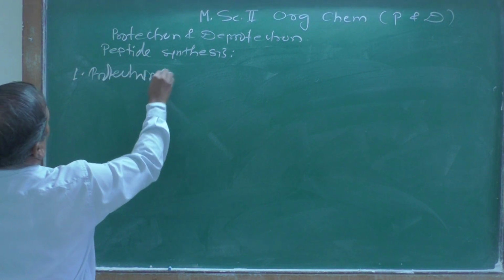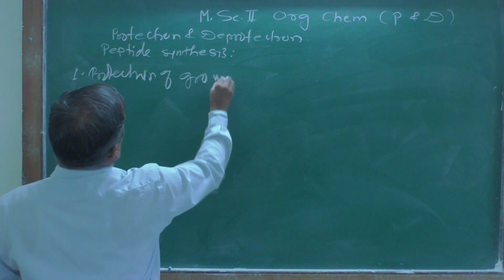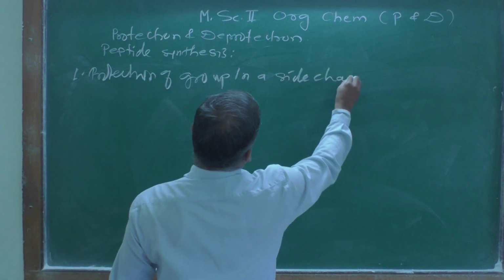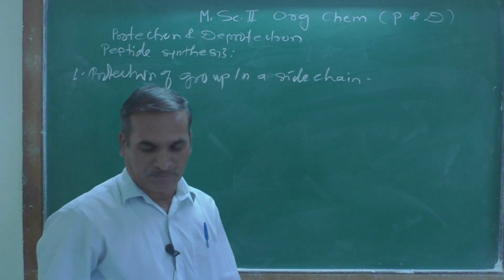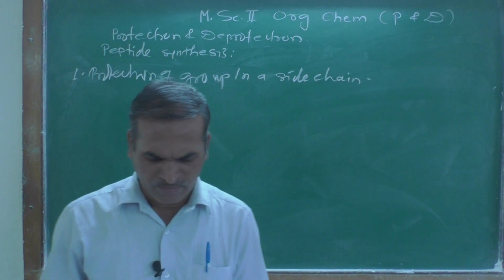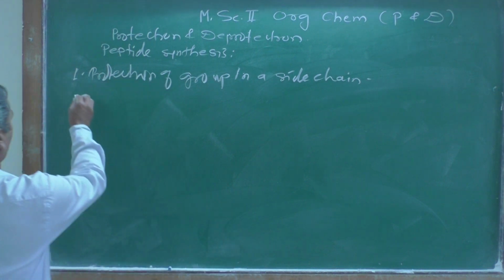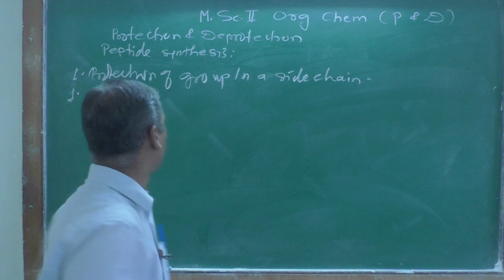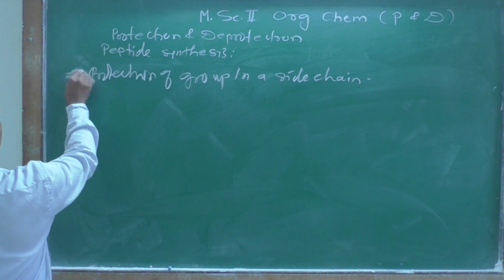Number one, protection of groups in a side chain. So let us see, this is the first point.